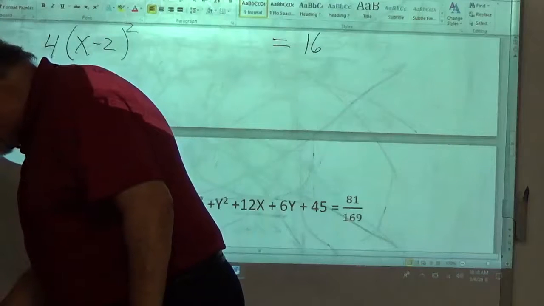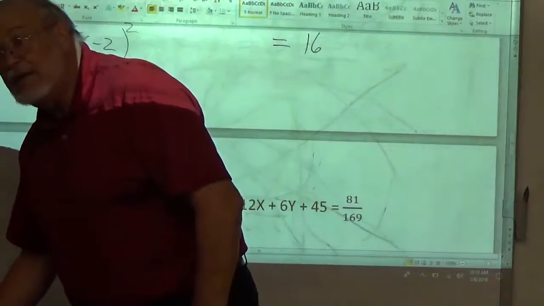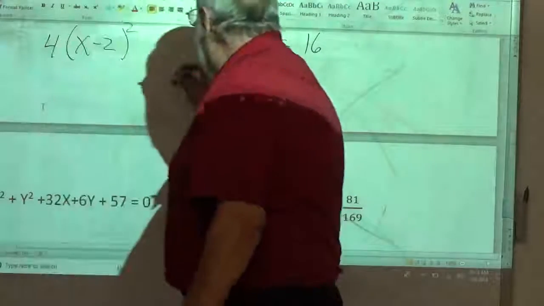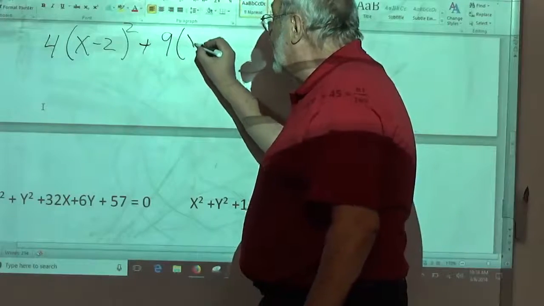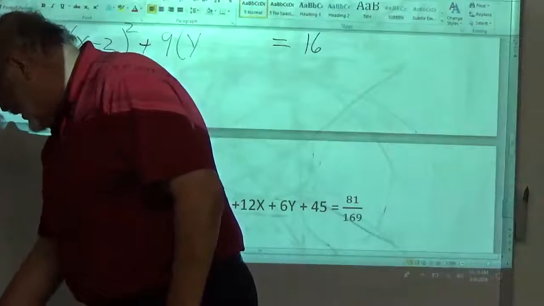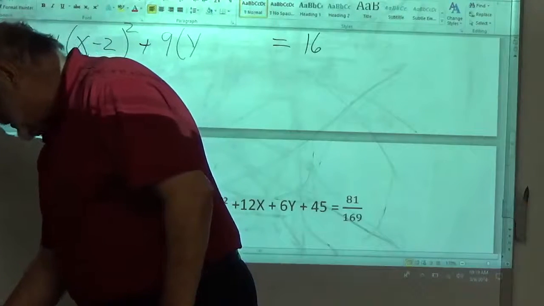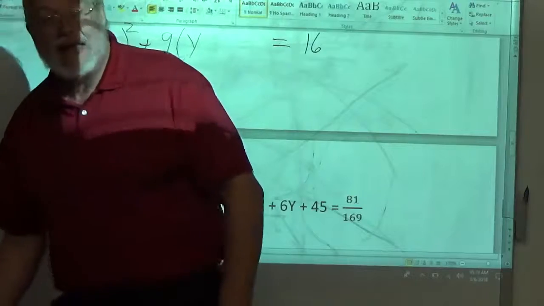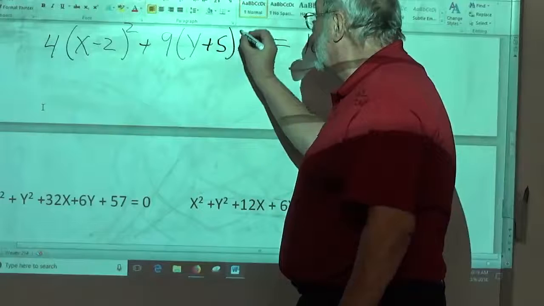All right, now, look, what about the y in problem 1? You notice that you have a 9y squared, right? So I'm going to take the 9 out, and what's left on the y value? Factor 9 out of 90, what do you get? 10. Half of 10? 5. So that's plus 5 squared.